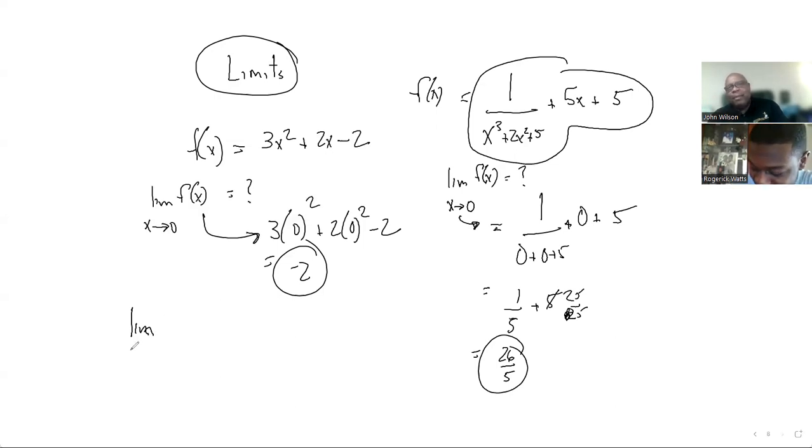The limit as x goes to k of f of x is simply f of k. Makes sense?